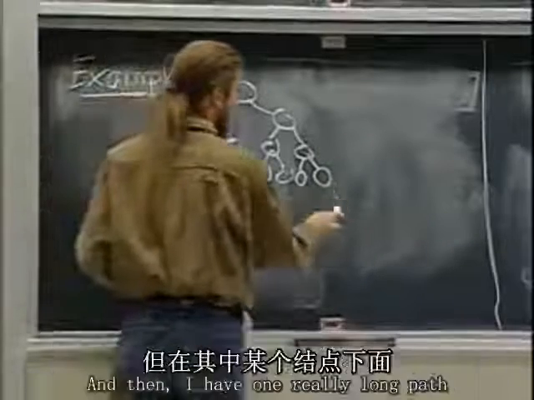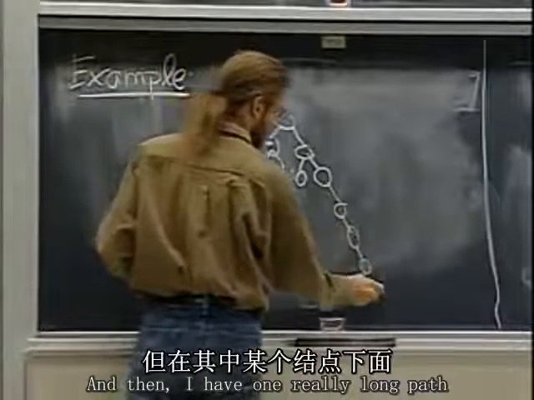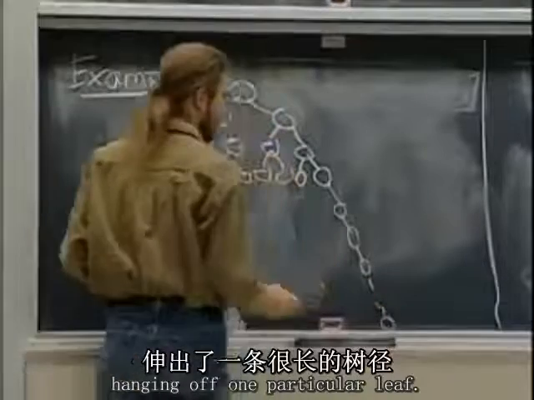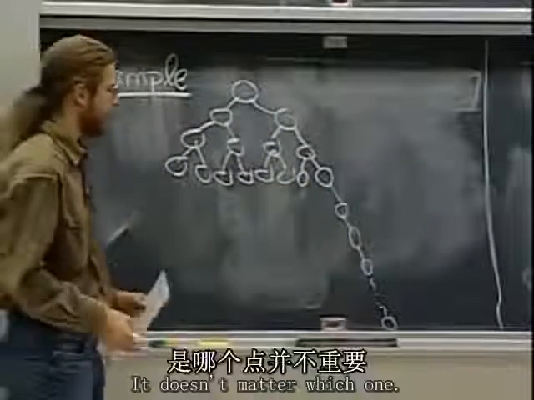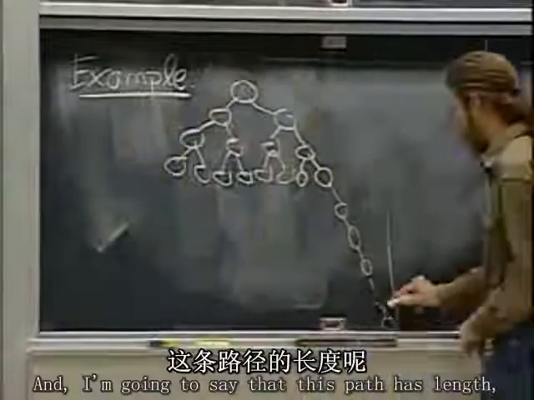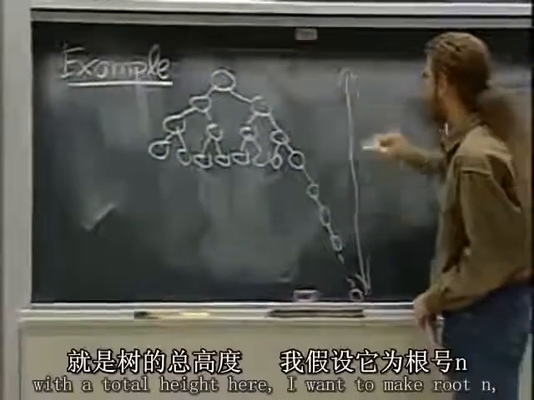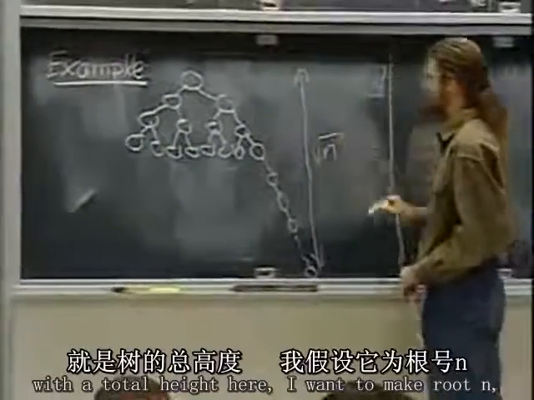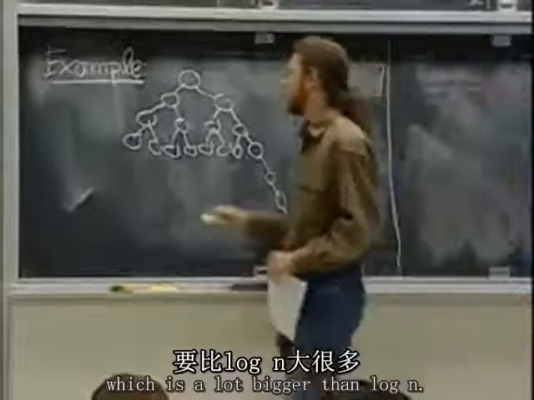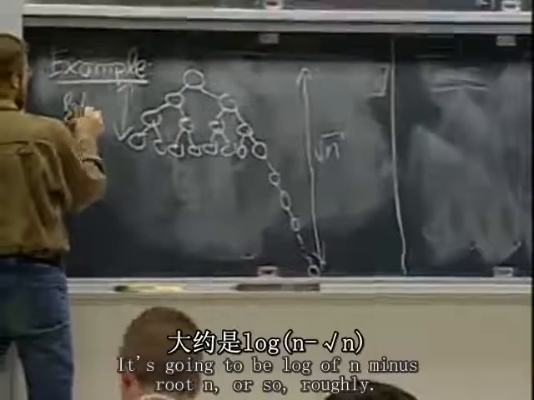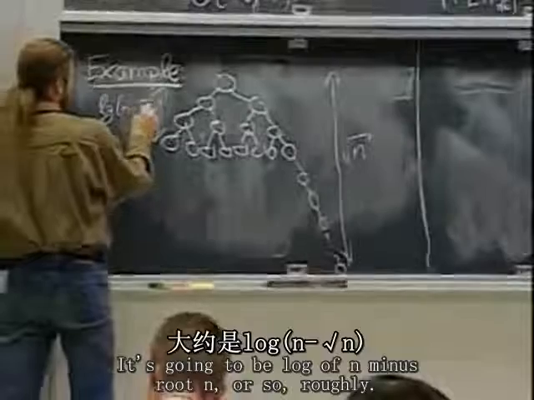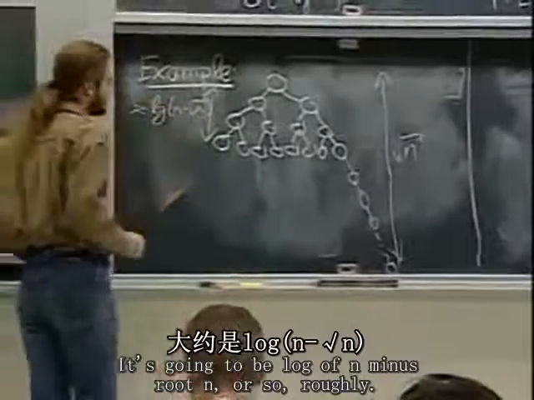And then I have one really long path hanging off one particular leaf, doesn't matter which one. I'm going to say that this path has length, well, the total height here I want to make root n, which is a lot bigger than log n. This is roughly log n. It's going to be log of n minus root n or so, roughly.